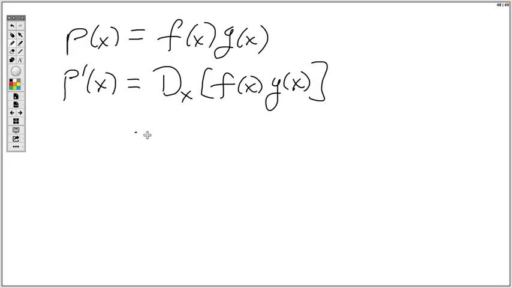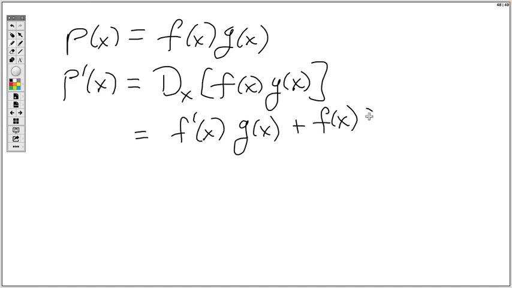Product rule. So I take the derivative of the first factor times the second, and then add the first times the derivative of the second. You follow or not, folks?